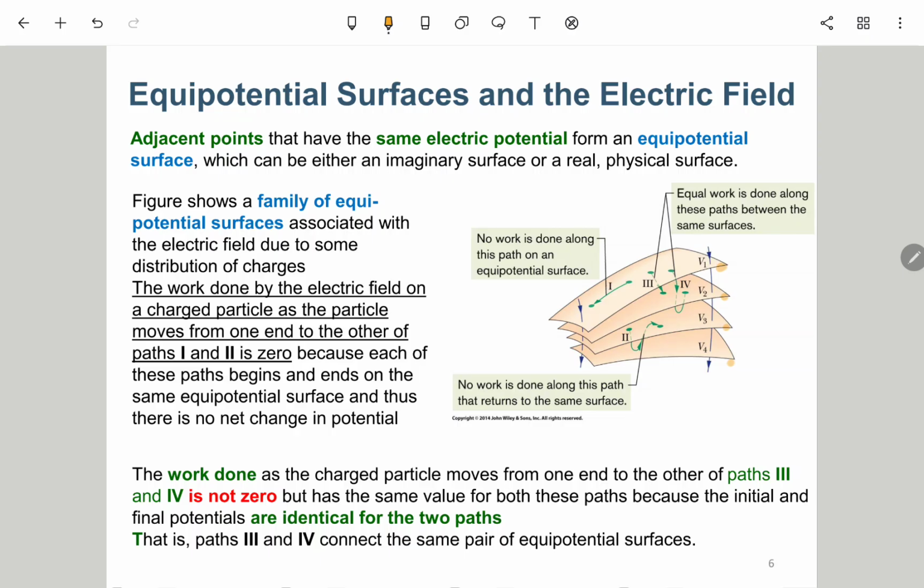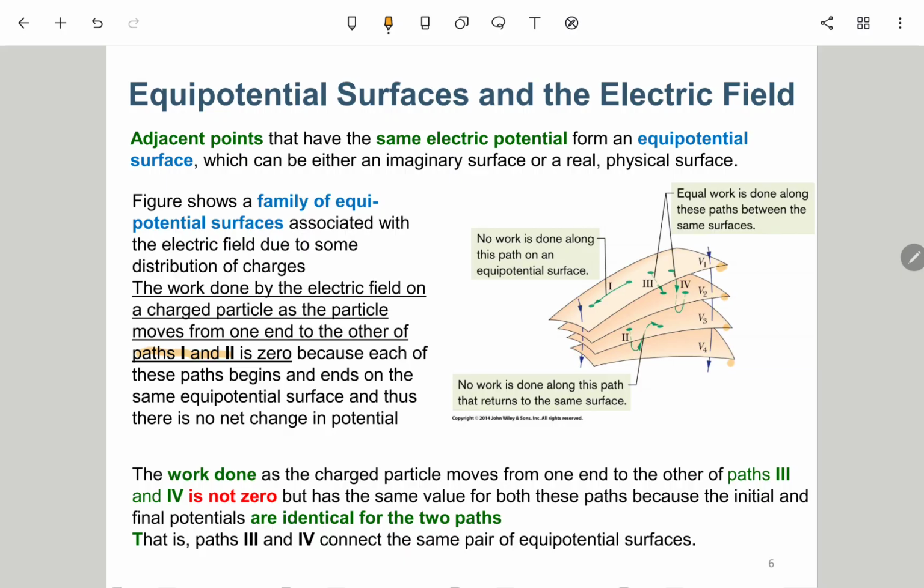Here it says a figure shows a family of equipotential surfaces associated with the E field due to some distribution of charge. The work done by the electric field on a charged particle as it moves from one end to the other of path 1 and path 2 is 0.